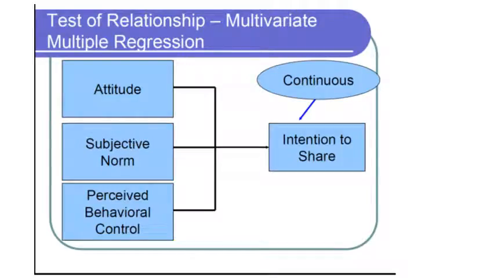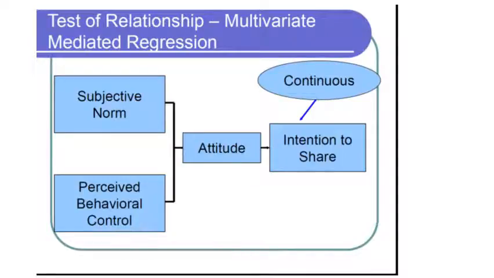If we have more than one variable in terms of our independent variables, then this is what we call, and this is the dependent variable, intention to share. This is what we call multivariate or multiple linear regression. But make sure that all the variables are metric. We can only do multiple linear regression on metric variables. Just remember which quadrant we're looking at.